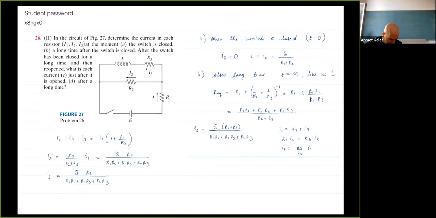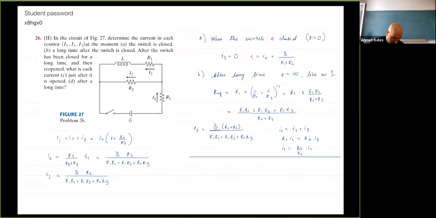And finally, what does it say? Maybe I can write all of these here to open up some space. Let's see if I need more space. After the switch has been closed for a long time and then reopened, what is each current just after it is open, and D, after a long time?